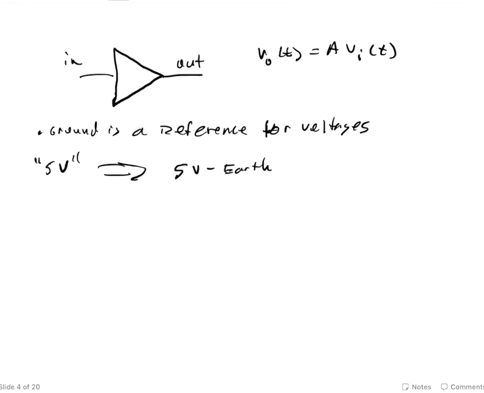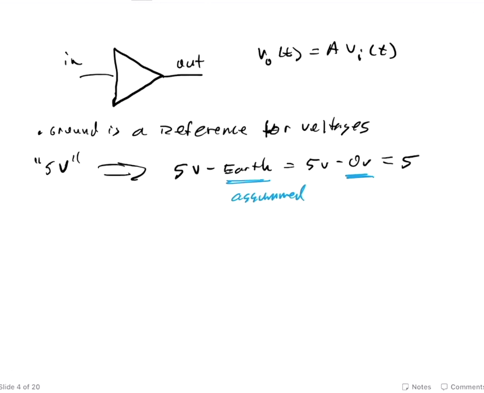And this is equal to 5 volts minus 0 volts equals 5, right? So we're always assuming that earth or ground is assumed. We usually don't write it in.